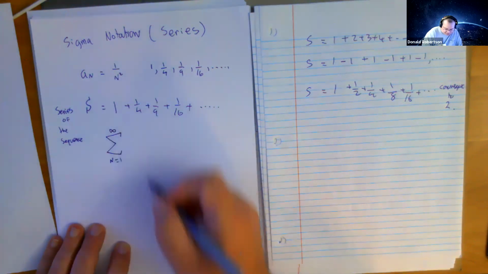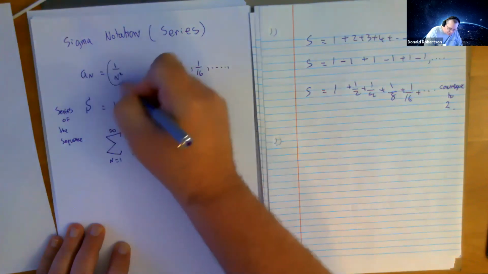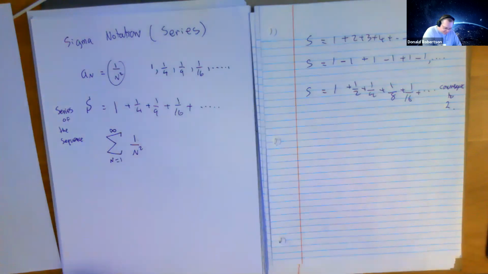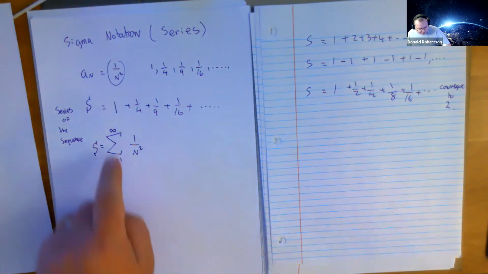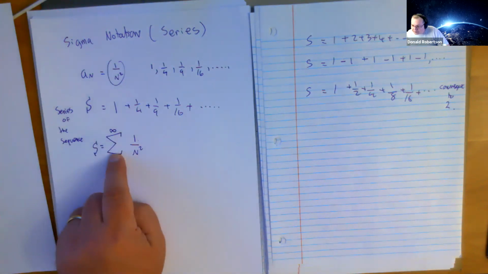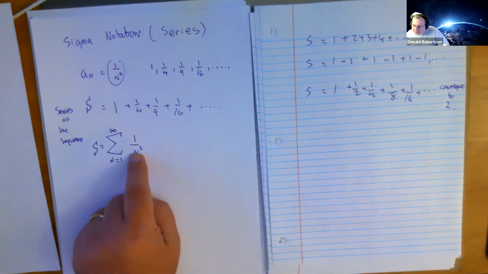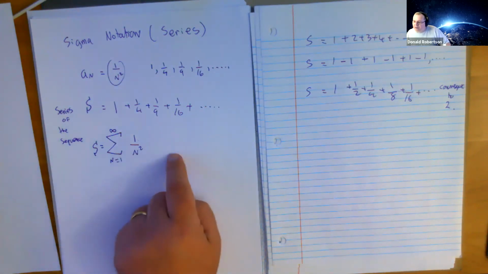In this particular question, this fella goes here. This represents the series. So if you've never seen sigma notation before, sigma means you're going to add stuff. And you're going to add stuff by using a variable called n, and you're going to plug in 1, then you're going to plug in 2, then you're going to plug in 3, 4, and 5, and each time you do it, you're going to add it to whatever was there before.